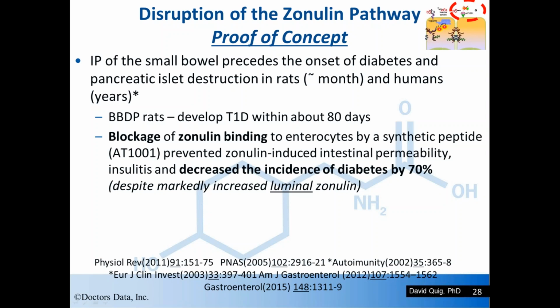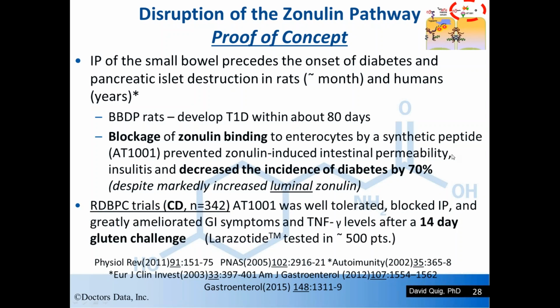So even though the zonulin pathway was being activated, blocking zonulin at the surface of the epithelial cells precluded the breakdown or eliminated the breakdown of the tight junction barrier proteins.